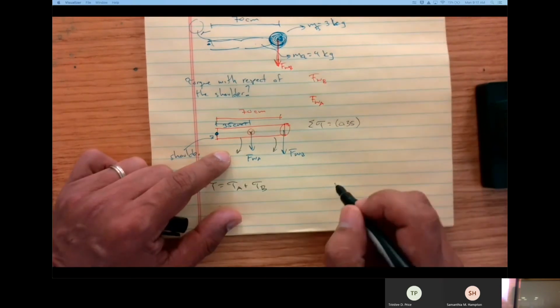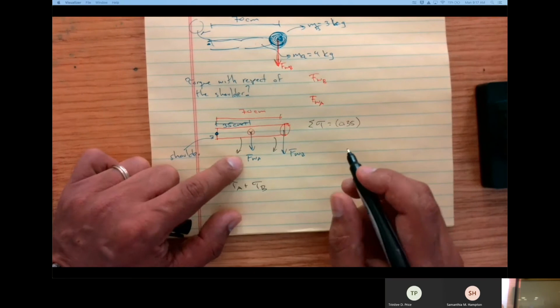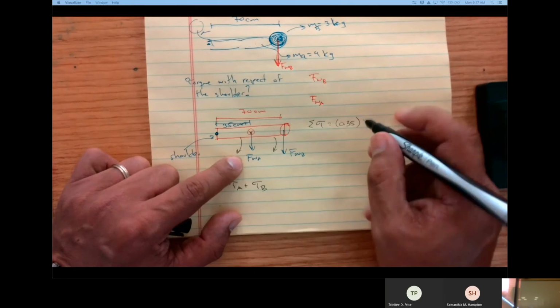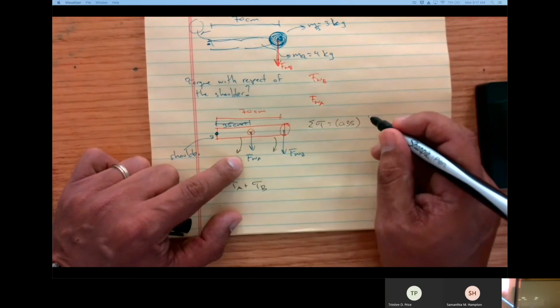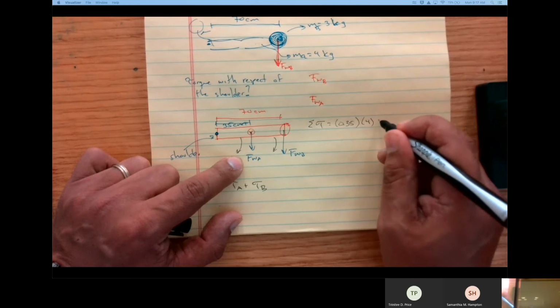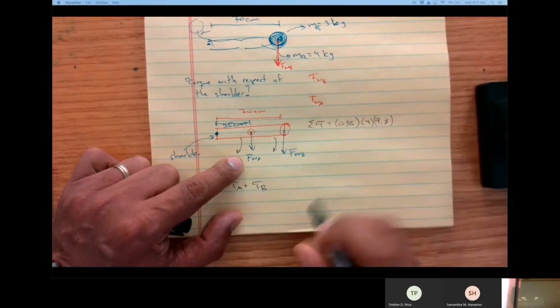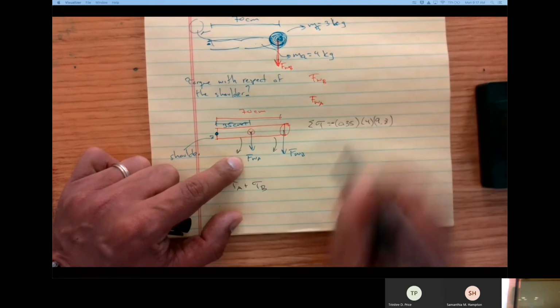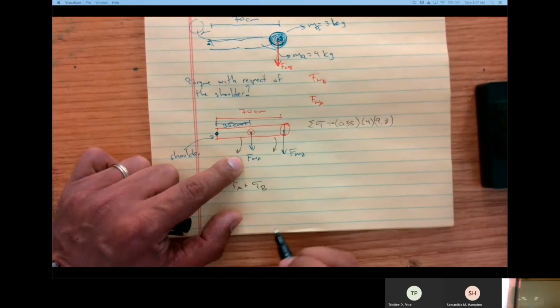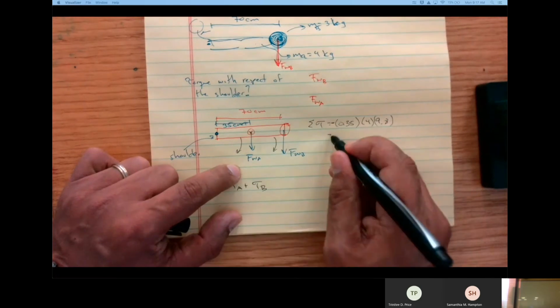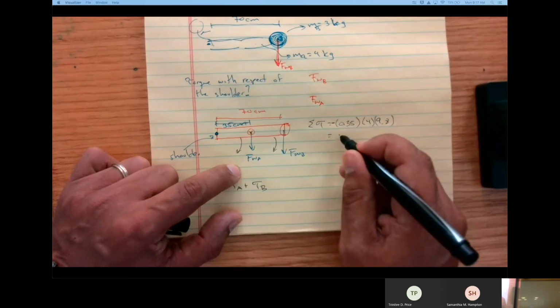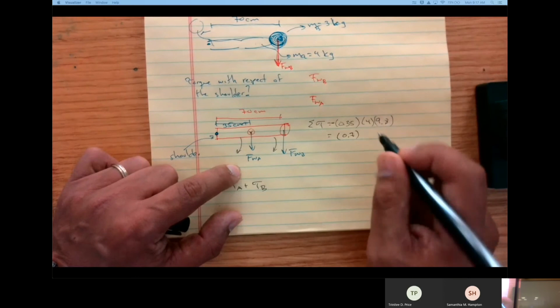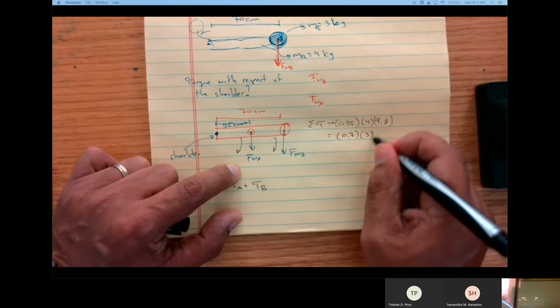And then the weight is going to be the 4 kilograms times 9.8. That's going to be negative. And the torque of the ball is going to be 0.7 meters times 3 times 9.8. And this one is also going to be negative.